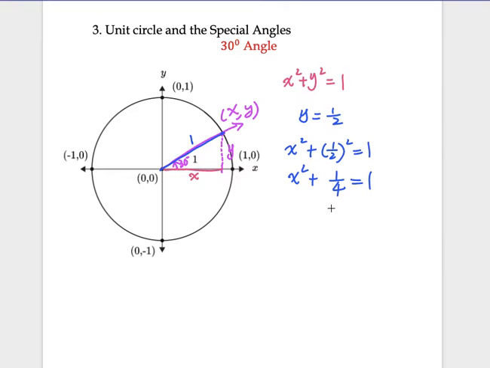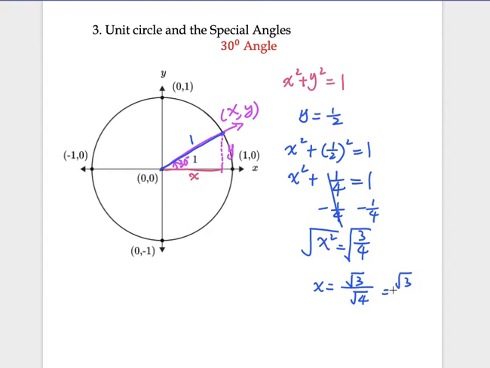To solve for x, I'm going to subtract 1/4 from both sides, and this is 3/4. Then, in order to solve for x, I'm going to take the square root of both sides. This is going to be radical 3 over radical 4, which is radical 3 over 2. So this coordinate, let's write it down here, is (radical 3 over 2, 1/2).